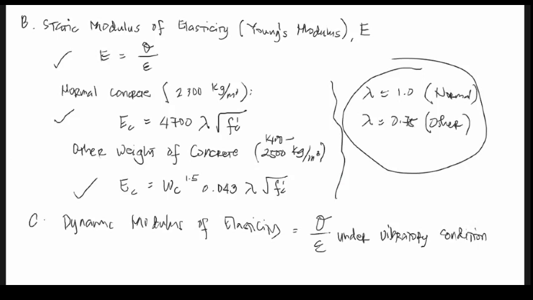Then we have also tensile strength, that is force over area, syempre. That is the maximum amount of the tensile stress that the material can be subjected before failure. No? So hihilain yung materials mo.